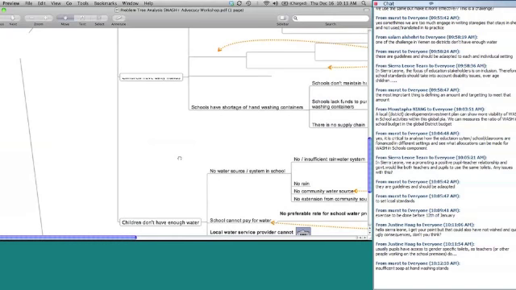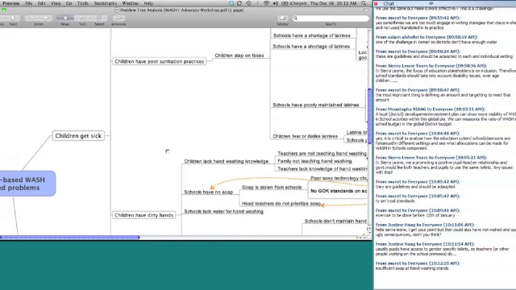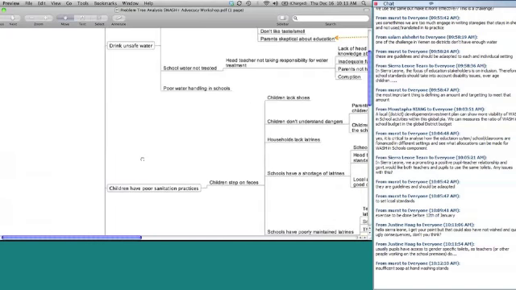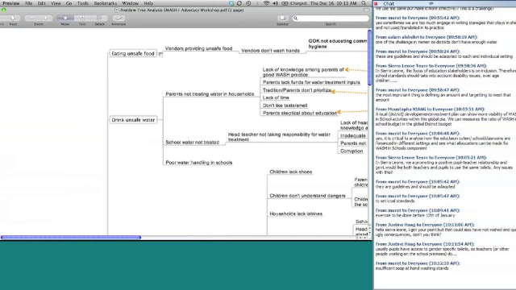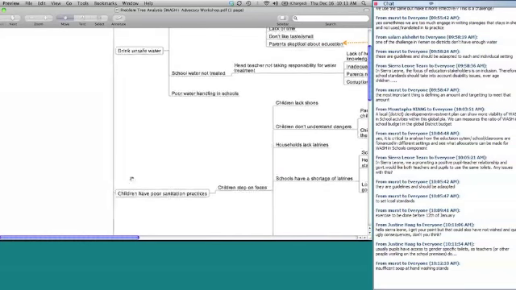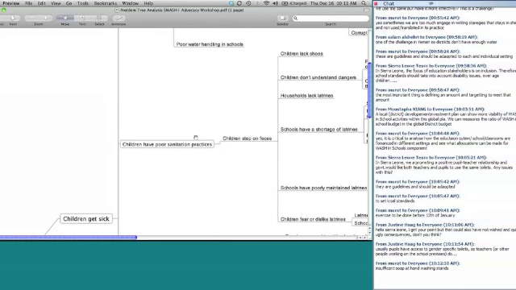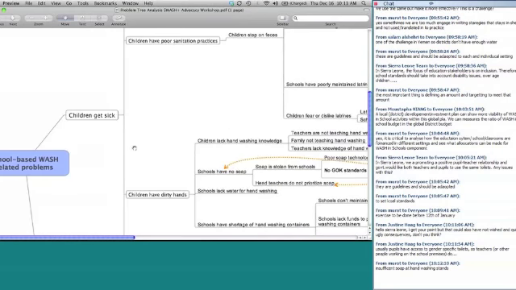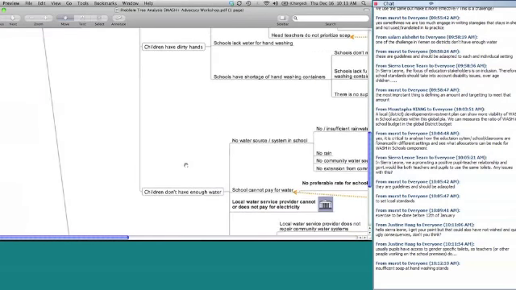Now, within children getting sick, we came up with a number of different key issues. They eat unsafe food. They drink unsafe water. Again, I've mentioned this. Children have poor sanitation practices. Children have dirty hands. Children don't have enough water.